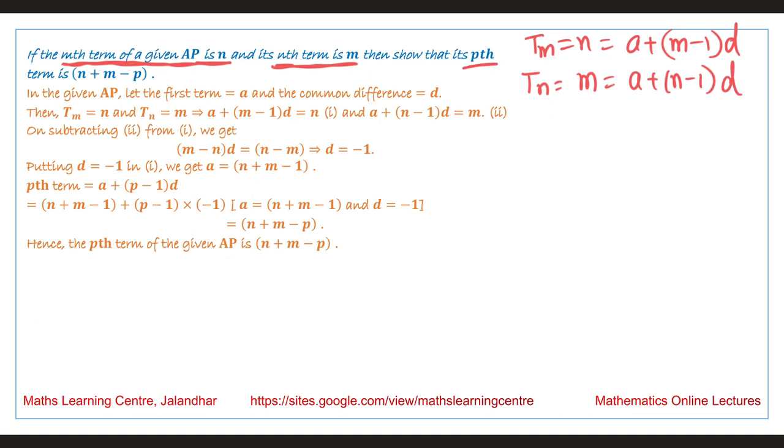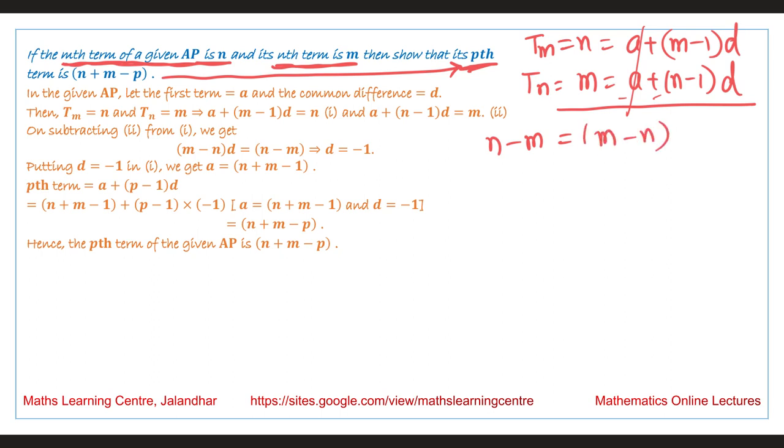We have to show that the pth term is n plus m minus p. So again, if we subtract both these equations, we obtain n minus m is equal to, when we subtract these values, this a gets cancelled, and from these two terms we get (m minus n) into d. So this implies that the value of d is minus 1.